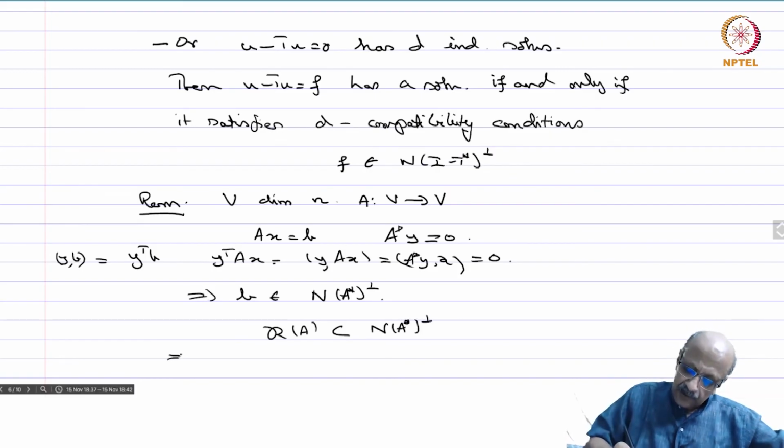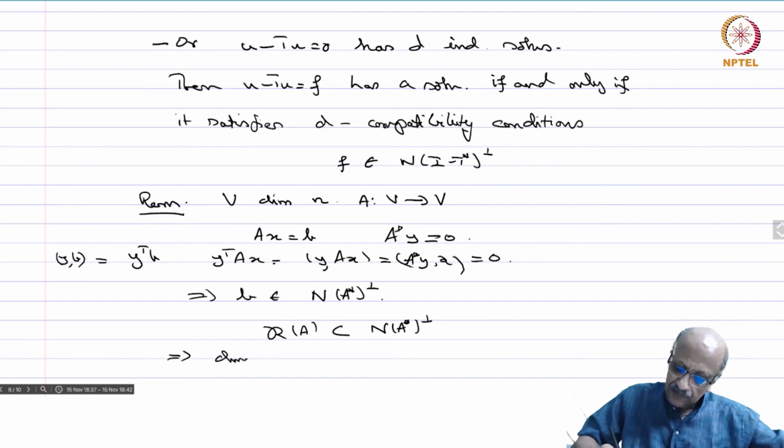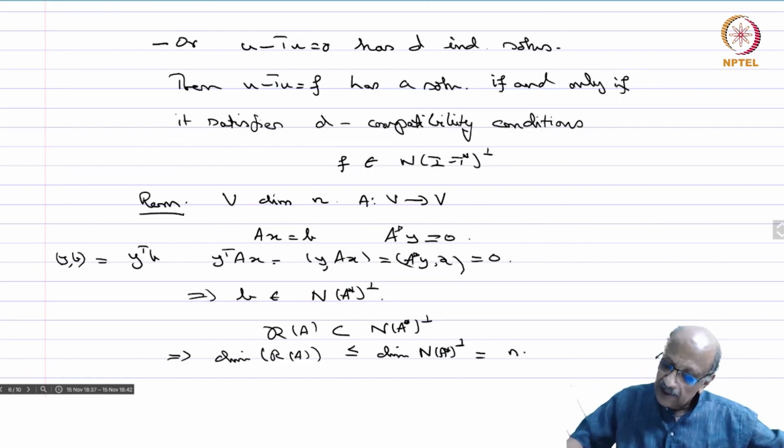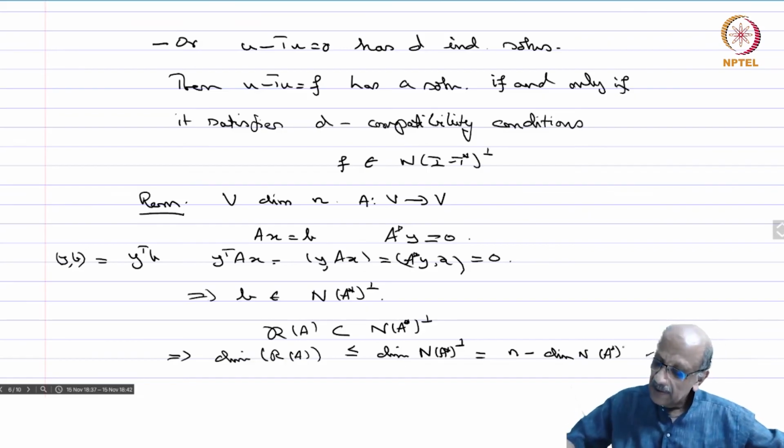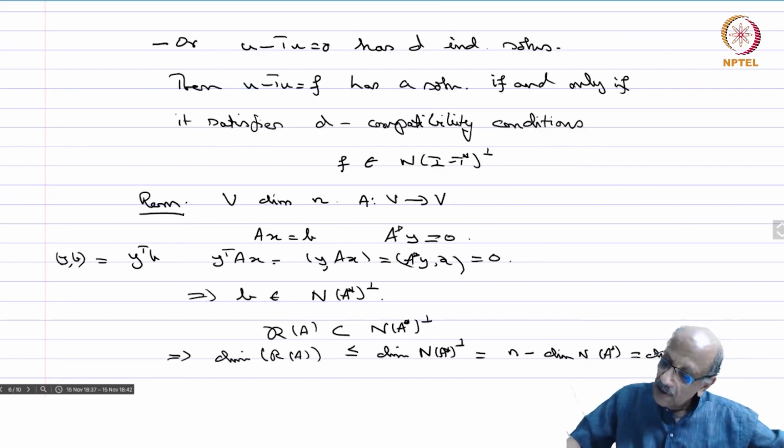So this means that the dimension of the range of A is less than or equal to the dimension of the null space of A* perp, which is equal to n minus the dimension of the null space of A*, because the perp is a complement, and that is equal to the dimension of the range of A*.